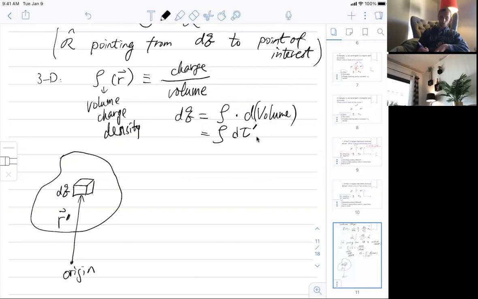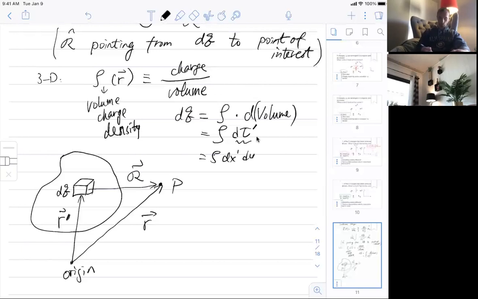And you are interested in evaluating what the E field is here. This one has a location of r, and they are separated by the separation vector, curly r. So little d tau is simply going to be dx prime, dy prime, and dz prime, right? If you're looking at a little chunk, a little cube.